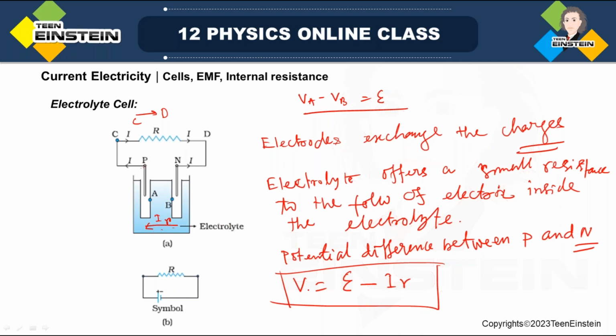And from here also we get a relationship for V, the potential.